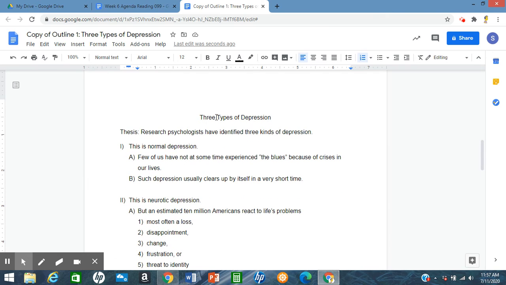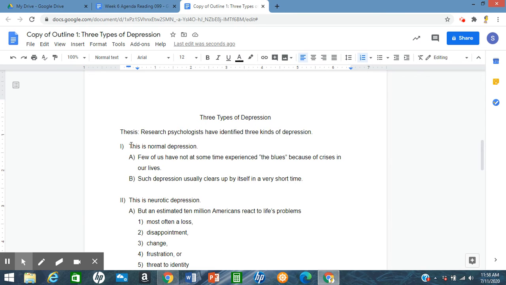And I will post this with the video on your Google Classroom. So here's your thesis, and this is what a typical outline will look like. Again, the whole premise of an objective of an outline is to get the major points and details. If you're studying for an exam or you have to tell a friend taking notes, you're not just writing down every little detail, you're just taking out the important facts and support. So here's the thesis you always put at the top.